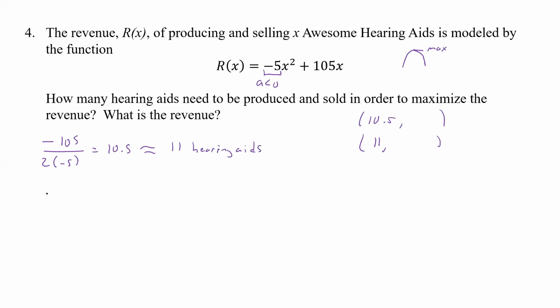And so then what we're going to do is we're going to take R of 11 and get a -5 times 11 squared plus 105 times 11. And we're also going to try it with R of 10.5 just to see what kind of difference we are looking at, like we did last time. All right, so calculator.